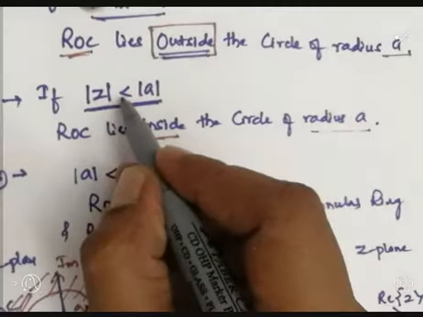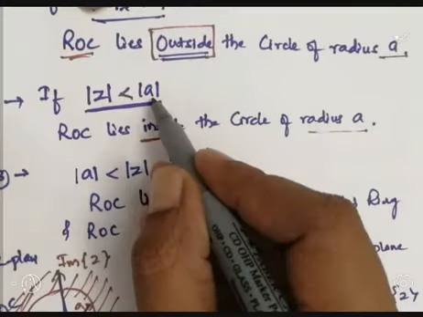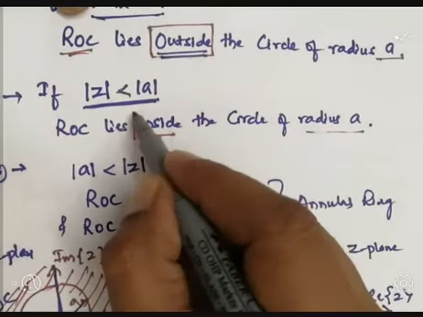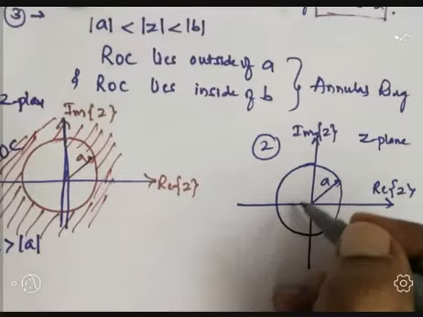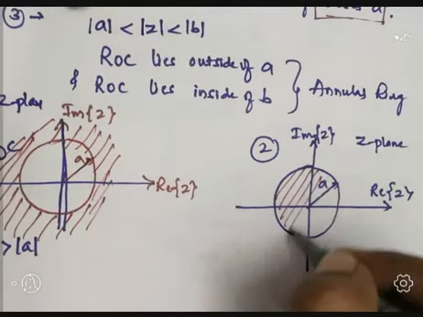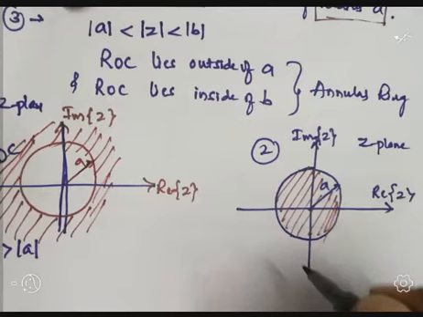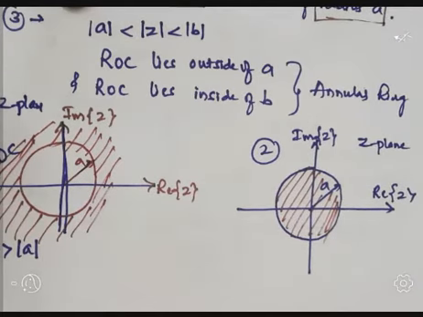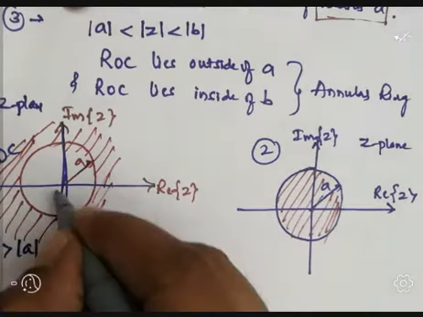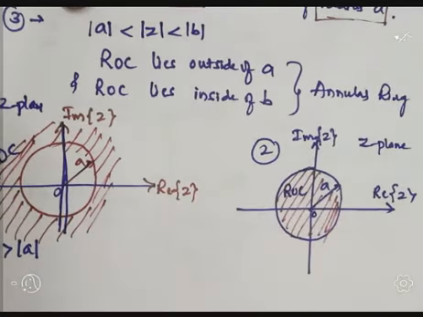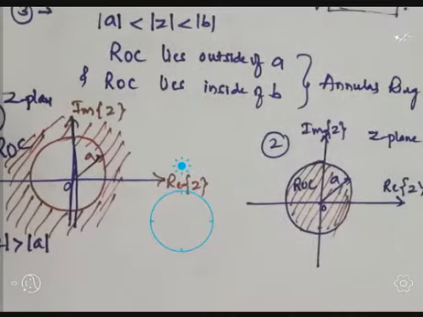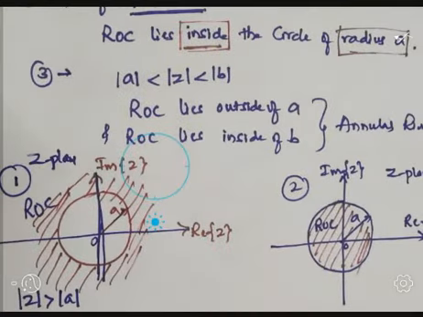ROC is less than a. Less than a means it should lie inside the circle of radius a. So this is our ROC. This is the origin. The shaded part indicates the ROC. Second case done.